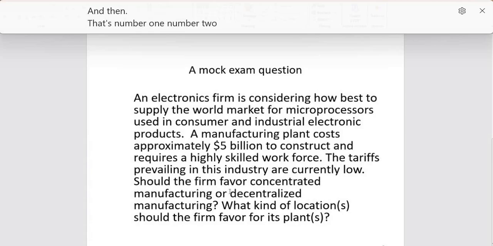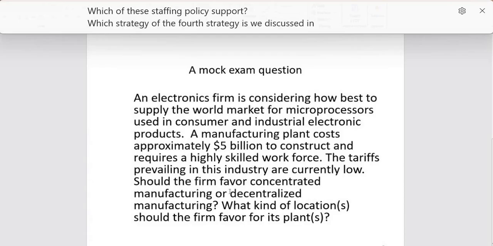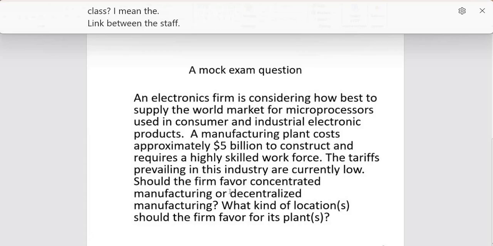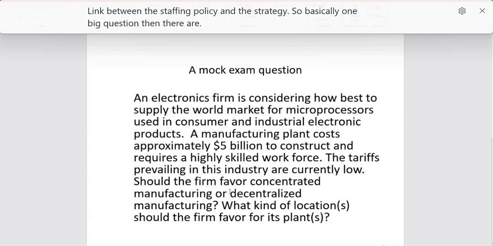Number 2, which of these staffing policies supports which strategy of the 4 strategies we discussed in class? I mean, the link between staffing policy and strategy. So basically, 1 big question, then there are sub-questions.